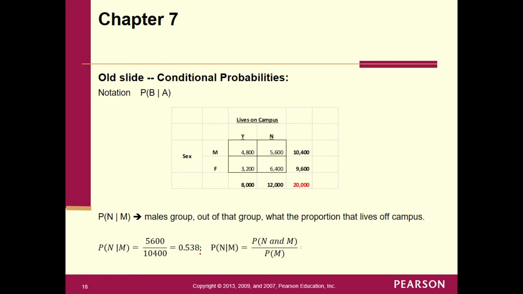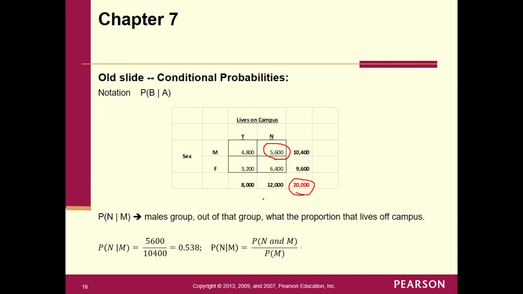Could we go ahead and use the formula that I just showed you to figure this out? Well, that means this should be equal to the probability of n and m over the probability of just m. So let's see the probability of n and m. Can you figure that out? Here's the intersection of n and m. We would have to divide that by 20,000. So that would be the numerator.